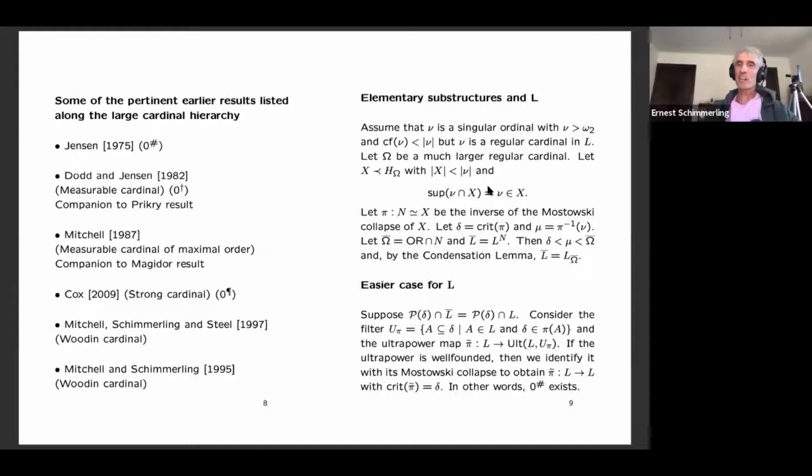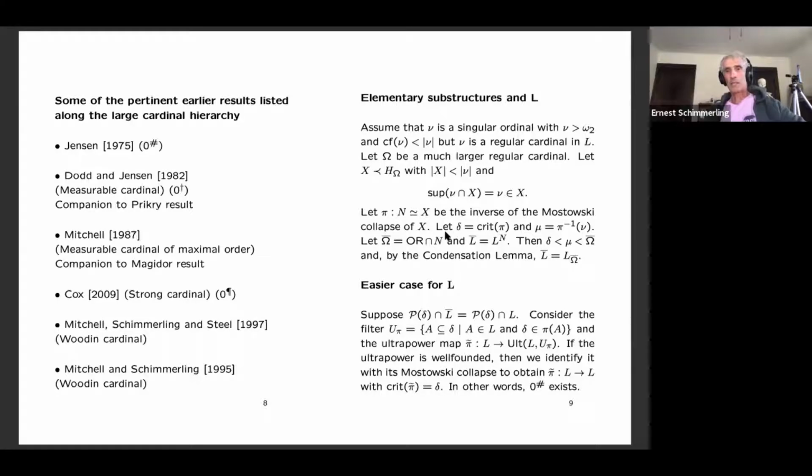And let's take an elementary substructure X of H omega. Let's assume that the cardinality of X is smaller than the cardinality of nu, and that the sup of nu intersect X is nu, so it's witnessing that the cofinality of nu is small. And let's take the Mostowski collapse, call that pi.